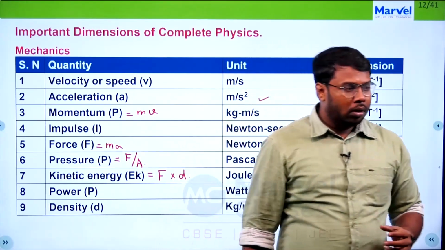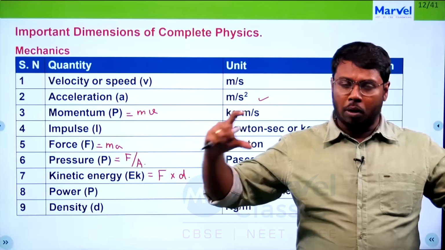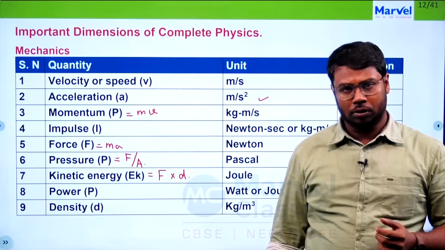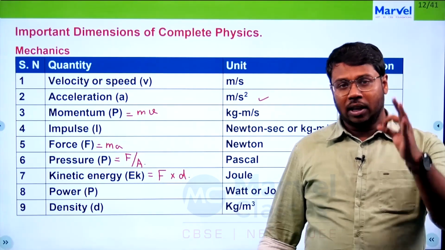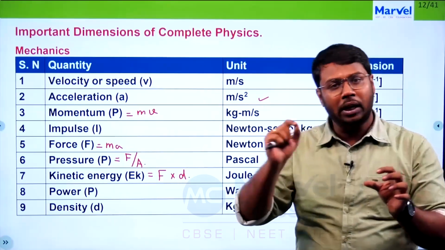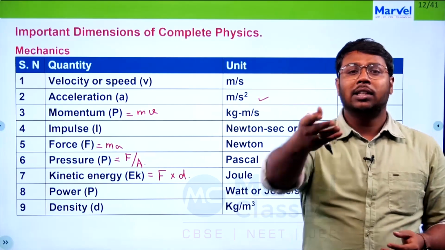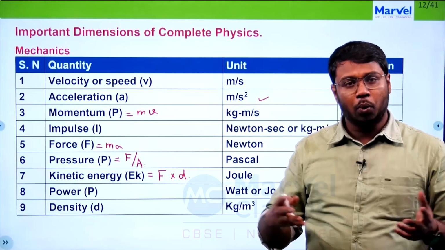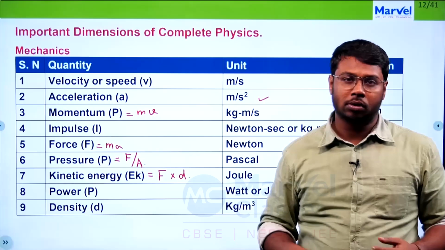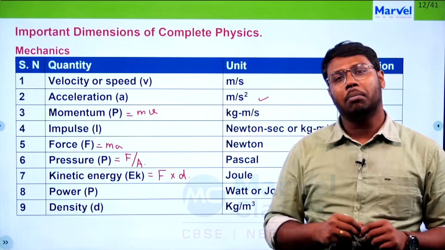Because for a numerical problem, you can see that all the 4 options will be like an equation. In that case, the very first thing that you have to do is check the dimension for each and every option. For example, let's say they are asking you to find time in the question and they have given you 4 options. Make sure that all the 4 options are in the dimension of time.